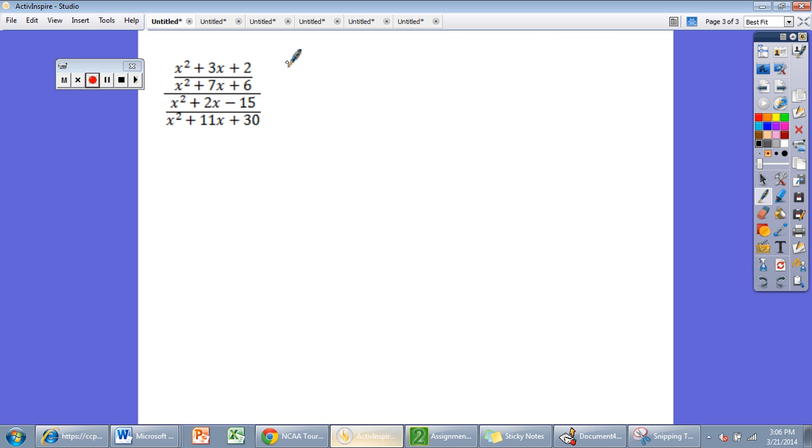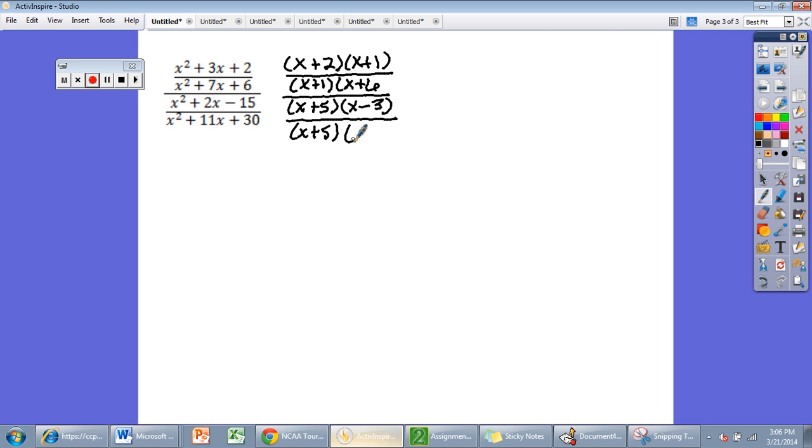So this is going to factor to be x plus 2, x plus 1 over x plus 1 times x plus 6, and x plus 5, x minus 3, and x plus 5 times x plus 6.